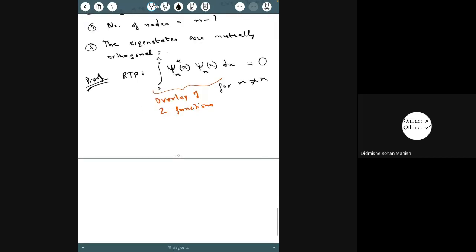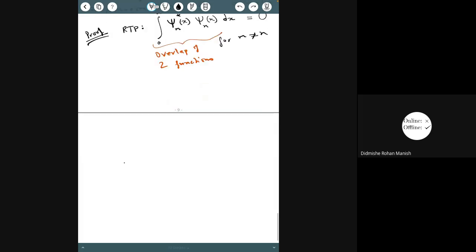So this is what we need to show. Then it's just a matter of substituting the two functions: integration of psi m star psi n dx. I've eliminated the x in brackets just for simplicity. There was root 2 by a, so root 2 by a into root 2 by a is 2 by a, and then integration from 0 to a of sine m pi x by a into sine n pi x by a, integrated over dx.